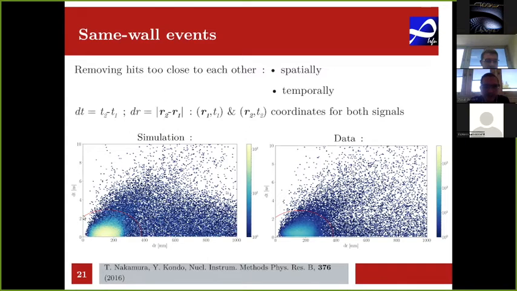And we remove all the events that are in this ellipse here, considering that they are all too close to each other to be true two-neutron events. What we do is that we simulate the response of NEBULA, as is shown on the left-hand side. We apply the cut and see which one is the best one and gives the best result. And then we apply it on the data and see if we obtain similar results.